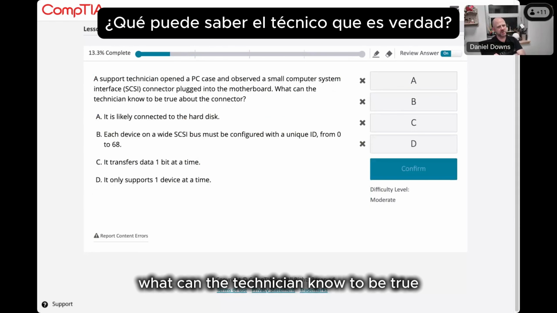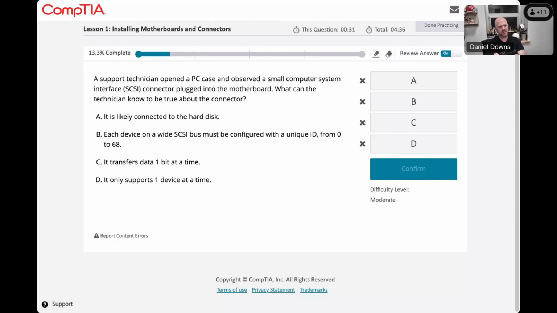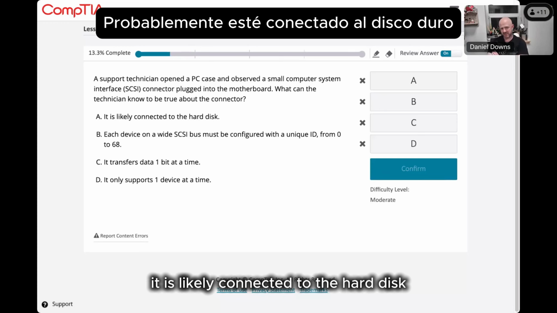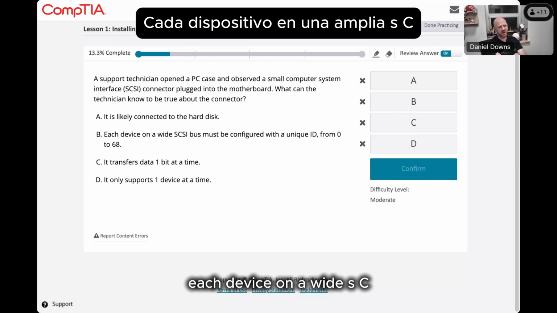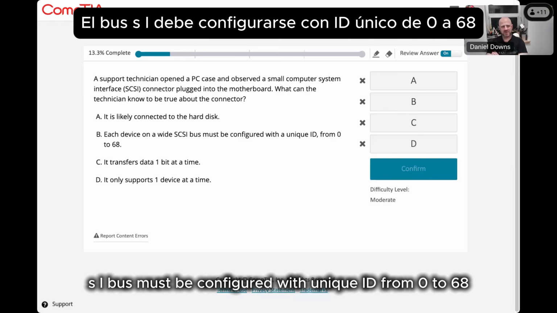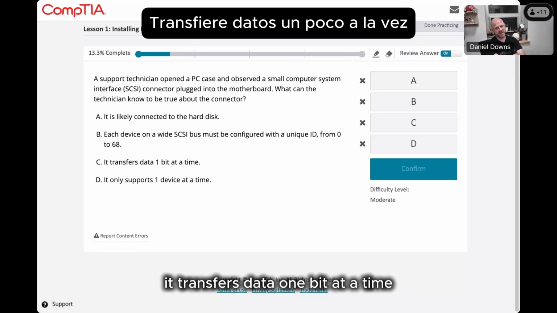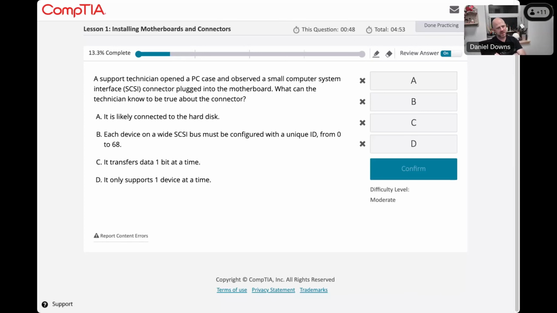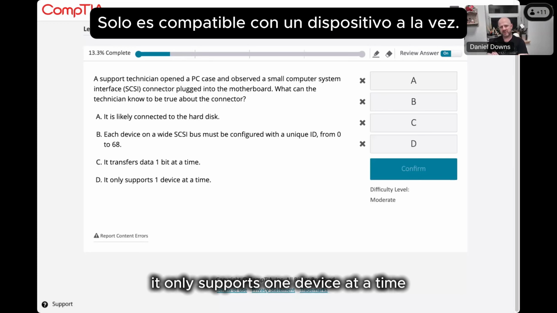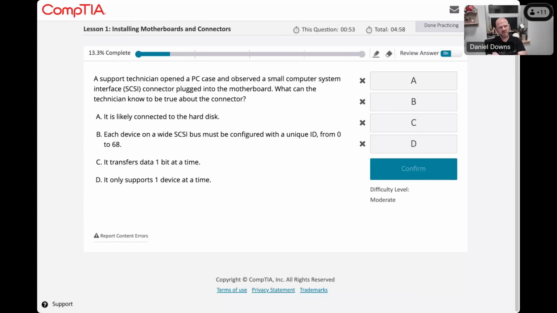What can the technician know to be true about the connector? It is likely connected to the hard disk. Each device on a wide SCSI bus must be configured with a unique ID from 0 to 68. It transfers data 1 bit at a time. It only supports one device at a time.